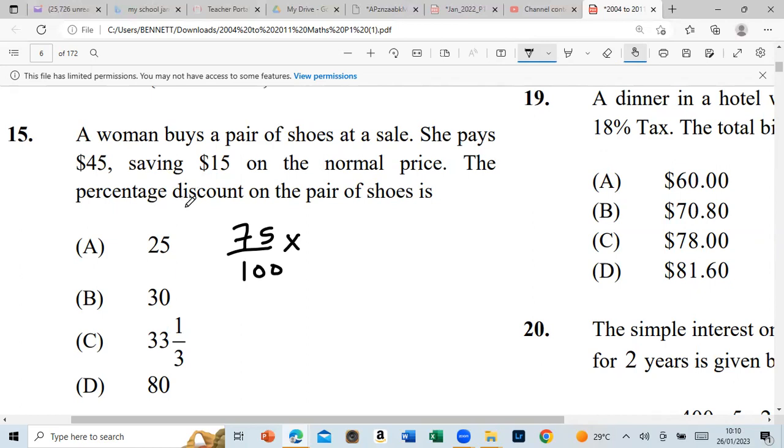But they didn't tell us the discount, so I can work it from what is given. Not everyone is gonna see it as clear as that. Alright? So a woman pays $45 and saves $15. So the original amount was $60, right? Because you add what she saved. So the original was $60.